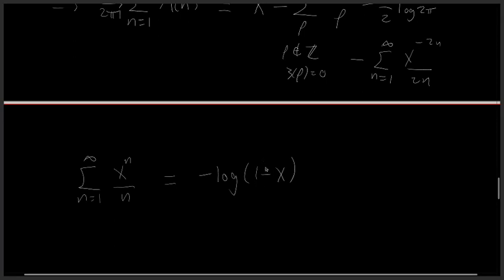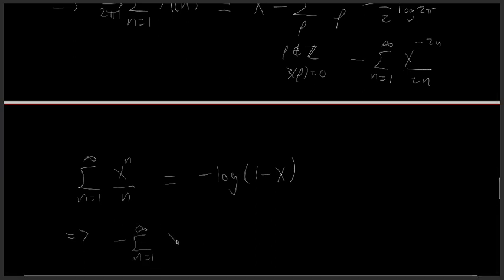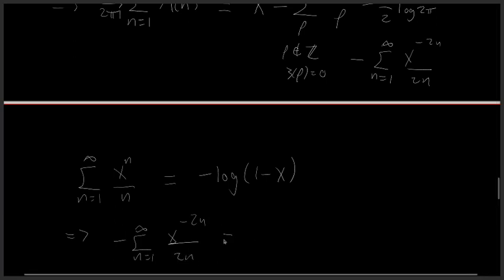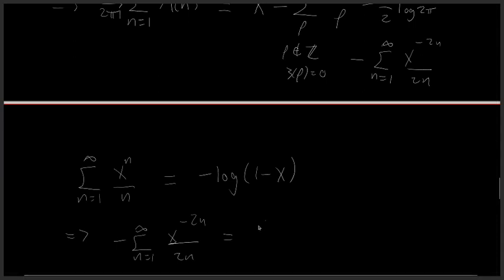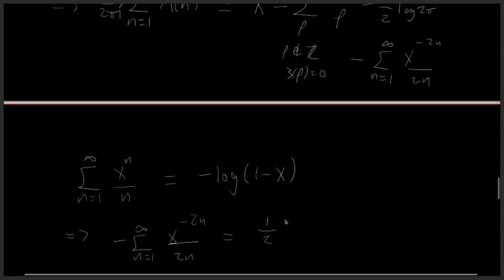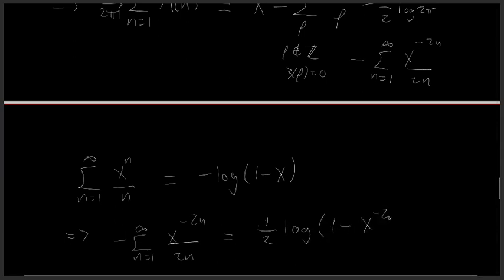Just because this is the Taylor series expansion of this function. And so that means that this term here, sum n from 1 to infinity of x to the minus 2n over 2n, is equal to 1/2 log 1 minus x to the minus 2.